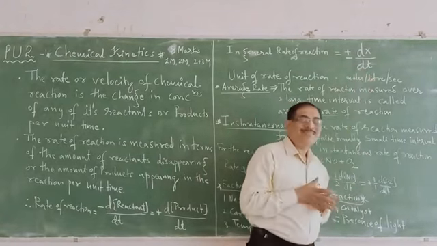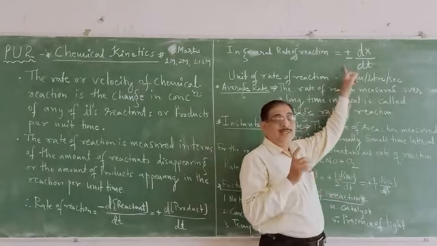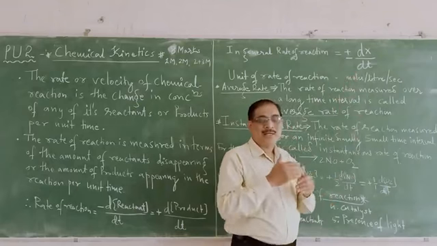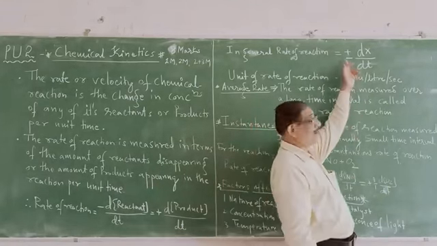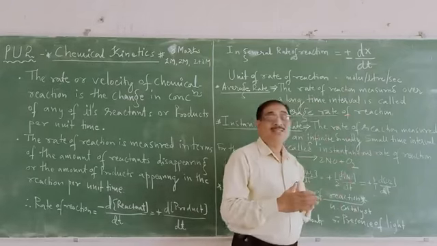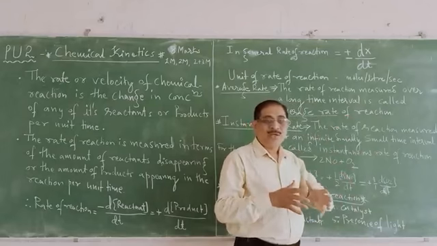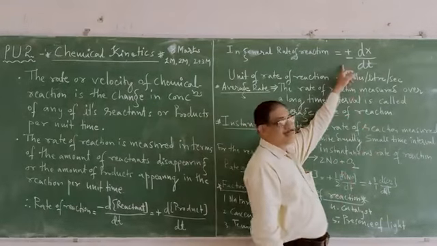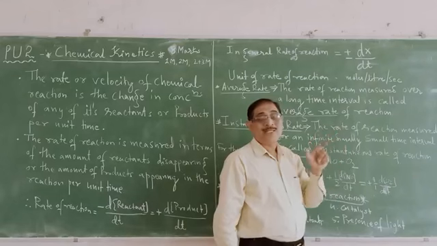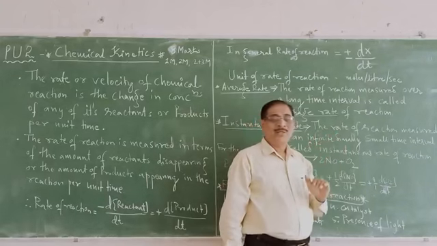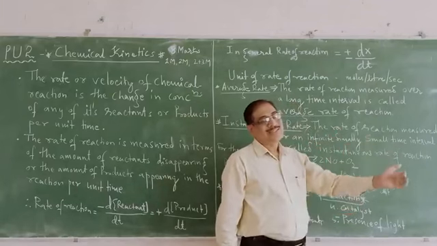If you consider the minus sign, then the concentration of reactant decreases with time. If you consider the plus sign, then the concentration of product increases with time. Understand? So, in this general formula, we write plus or minus dx by dt for both the decrease in concentration of reactant and the increase in concentration of product.